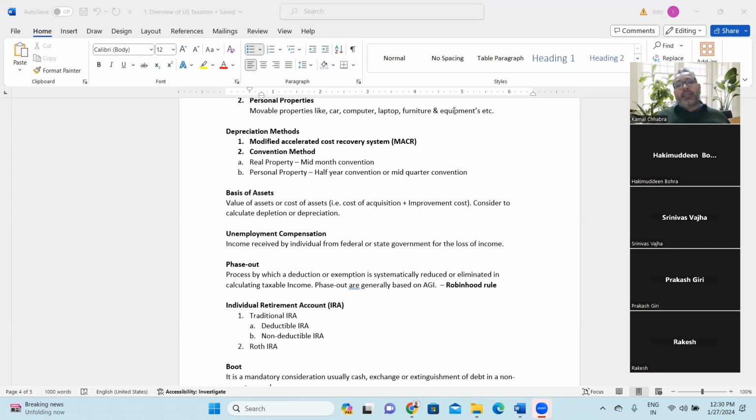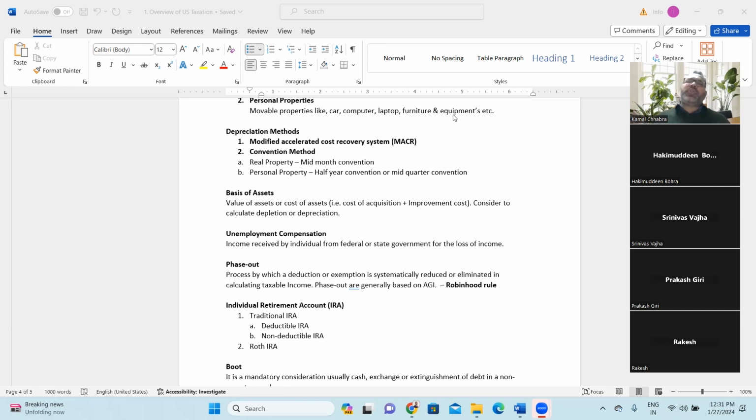Whereas in the US, the most commonly used method is called MACRS, Modified Accelerated Cost Recovery System. This is very different, which we are not used to in India, and this is the most preferred depreciation method.